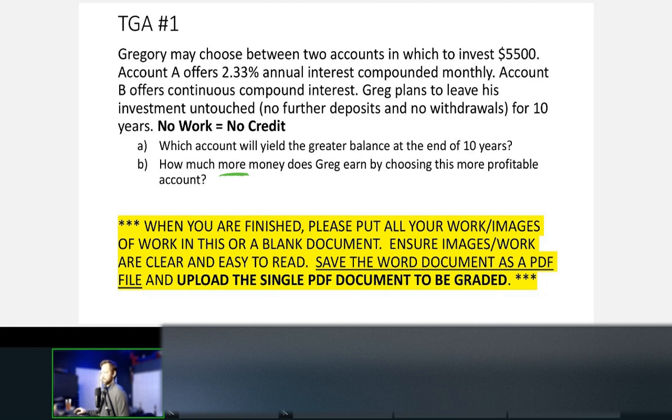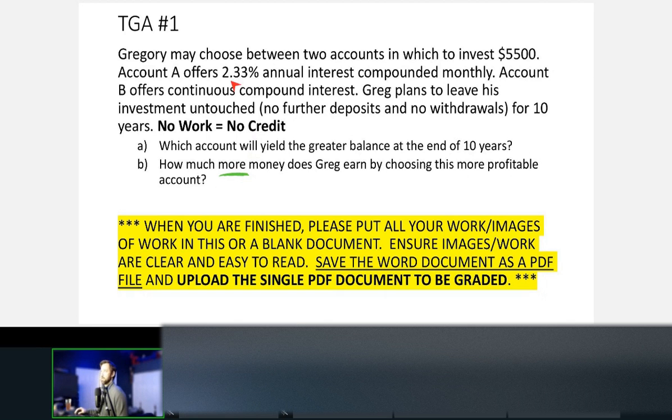Yeah, see, English is not that hard. It wants to know more. In the past, people just give me the amount of the bigger account. Well, it wants to know how much more, not how much you're going to have in the end. So again, how much more money does Greg earn by choosing the more profitable account?